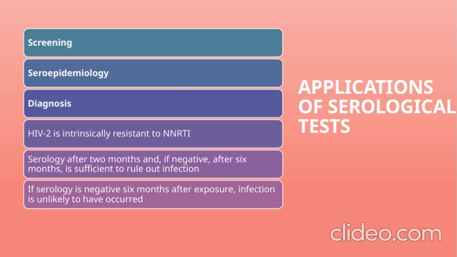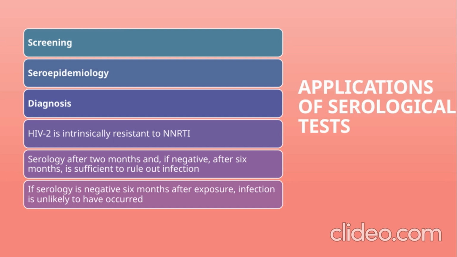This is especially useful in diagnosing infections where the pathogen itself might no longer be present or easy to detect. Serological tests are also vital for identifying immune responses, such as determining if someone has developed immunity after vaccination or natural infection. This information can guide vaccination strategies and public health policies.